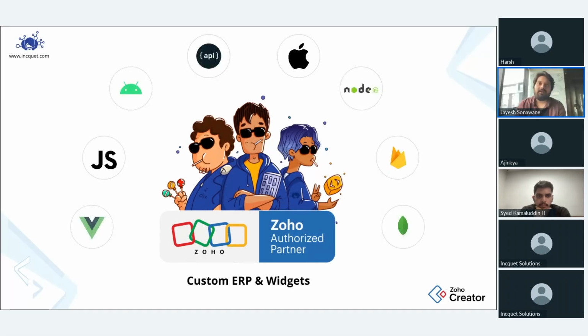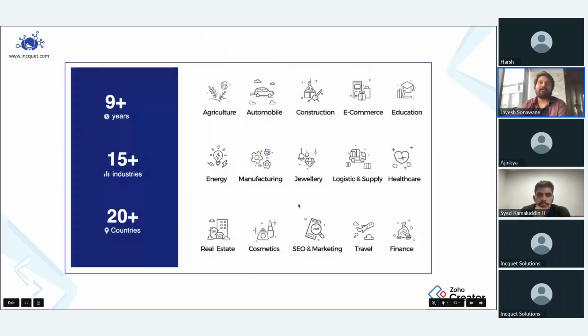We have been doing this for the last 9+ years now. We have automated 15+ industries, including manufacturing, construction, real estate, and most recently logistics as well, and we have delivered vertical solutions for clients around the globe.